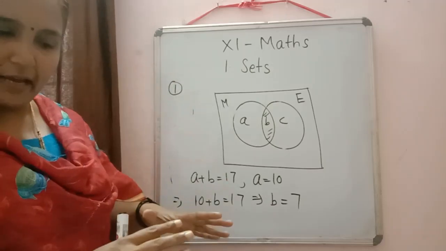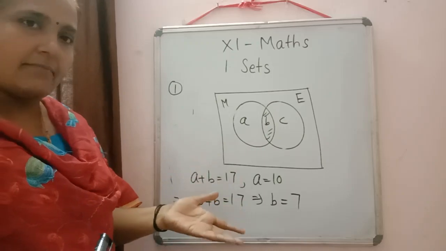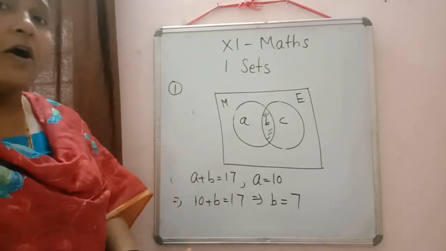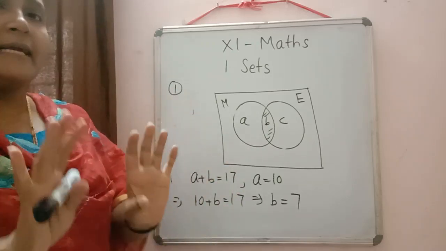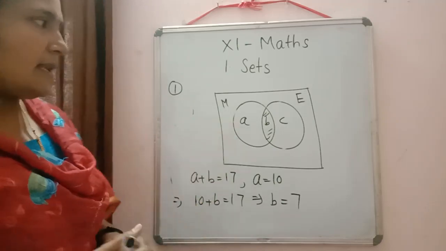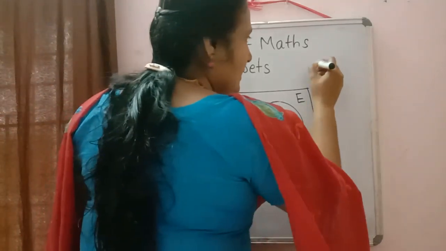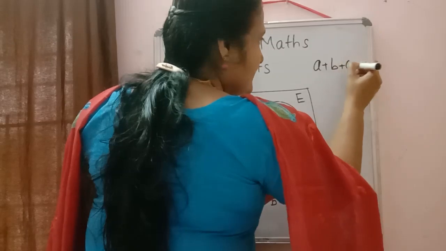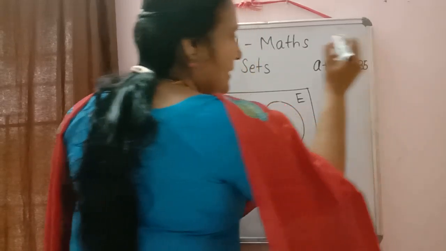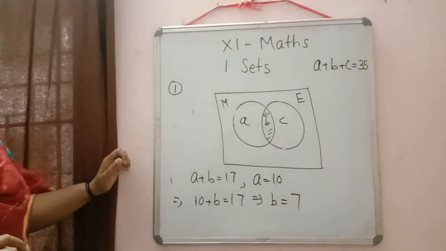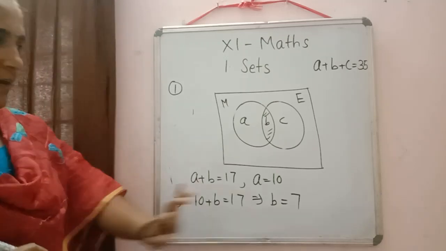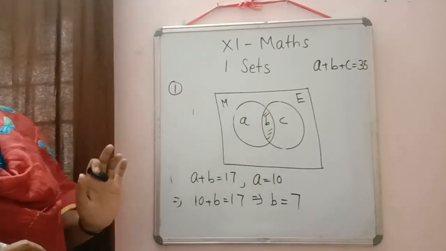Out of 35 students, either they have taken maths or economics or both, meaning no student is left. So A plus B plus C is equal to 35. B we have already calculated. Now C we have to calculate.